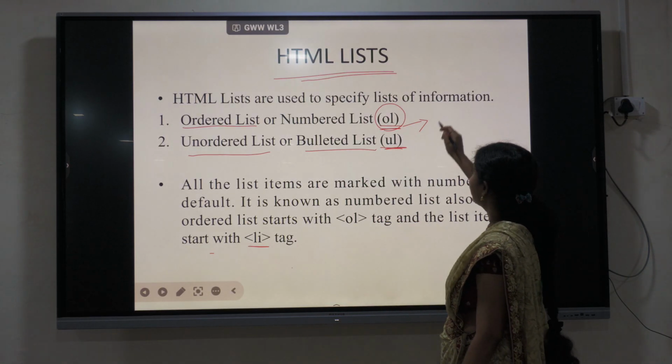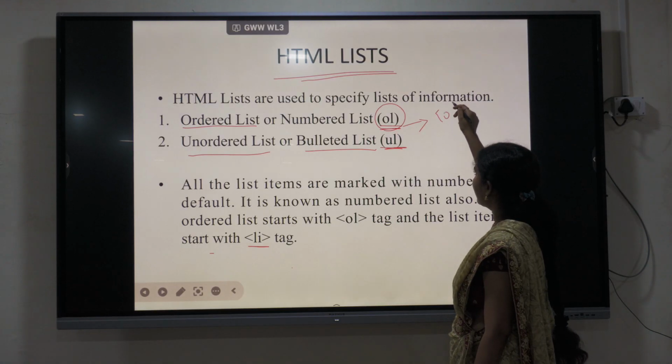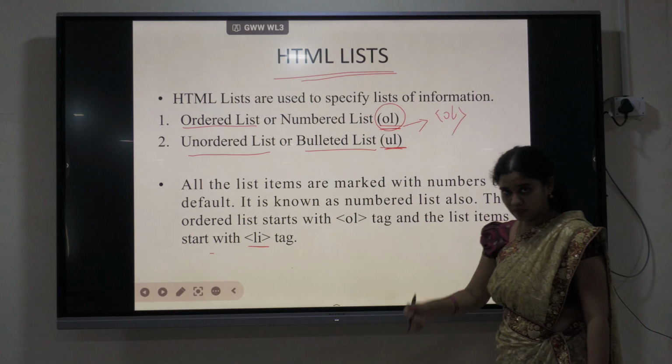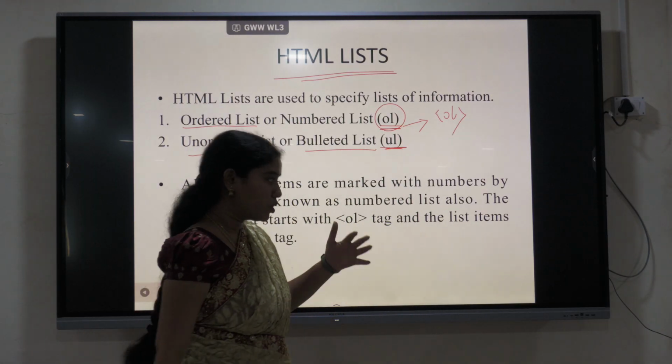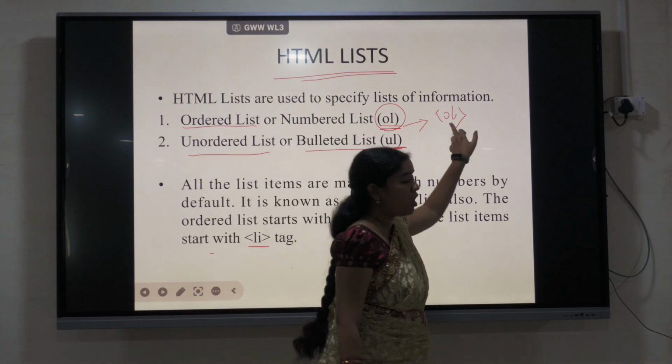Something like this, we will use the tag called OL. That means I am going to make use of a list called ordered list.